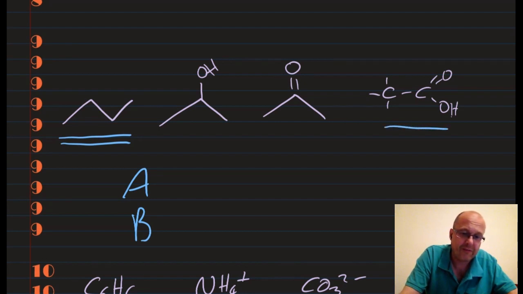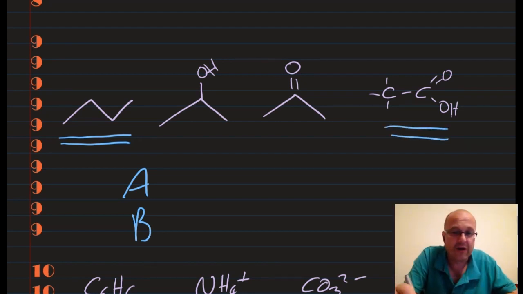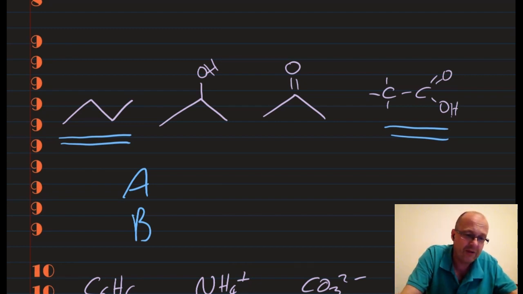This is the strongest. How do we know? Because in A and B it's always the strongest. So I just have to put these two. Well, this is going to be the second strongest. This has hydrogen bonds. So whichever one has this second strongest is correct. So that's going to be B. So 9 is B.